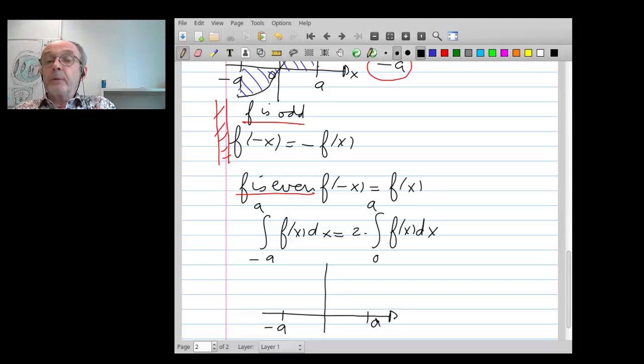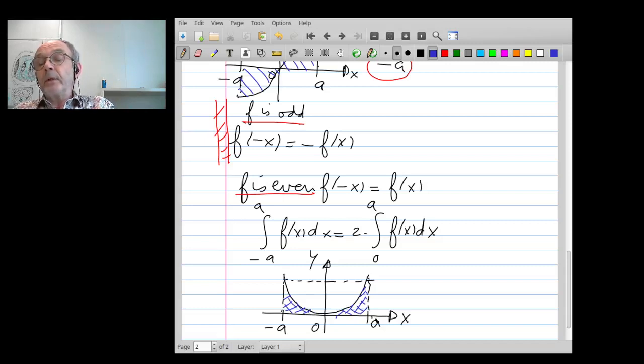I always have in mind those pictures, those graphs. Your function f is even, so you have something like, for instance, x squared, and then you see that the area beneath this graph on the left hand side will be equal to the area on the right hand side.